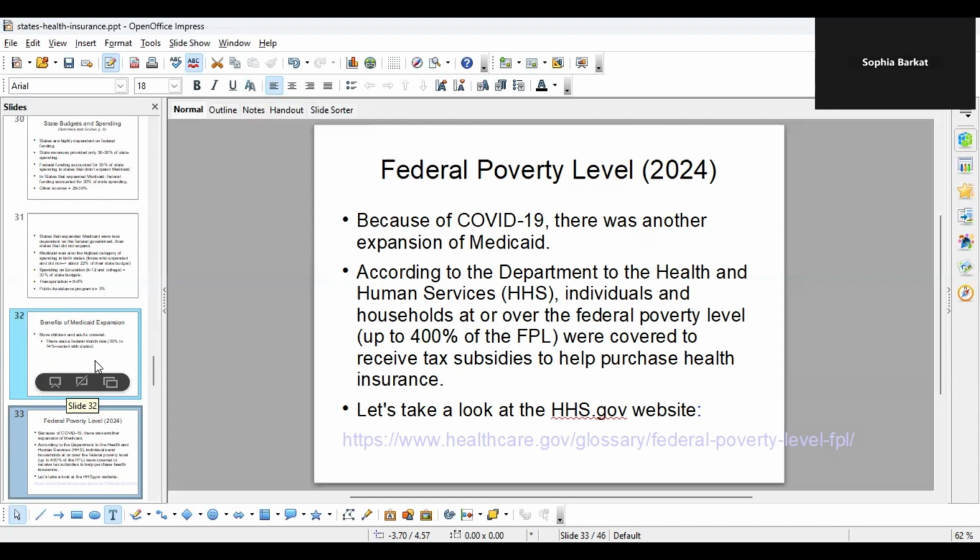And here we see with COVID, there was another expansion of Medicaid. And this is during 2020 that the expansion takes place.